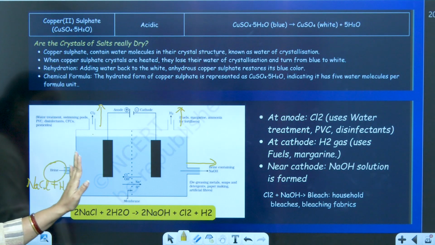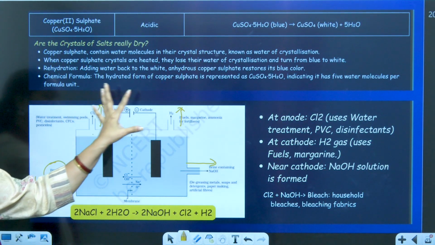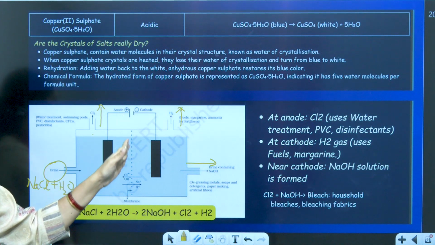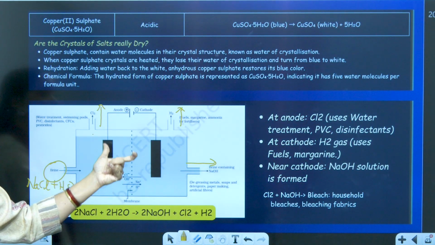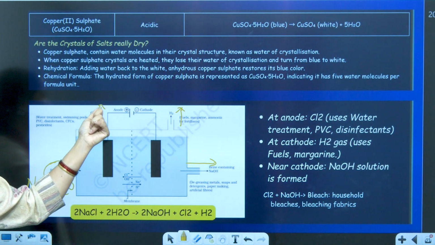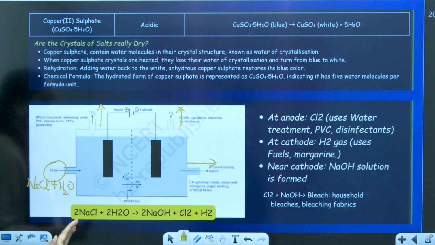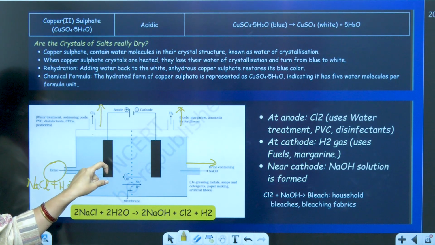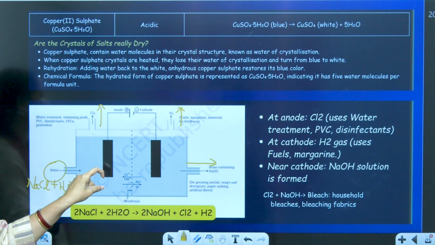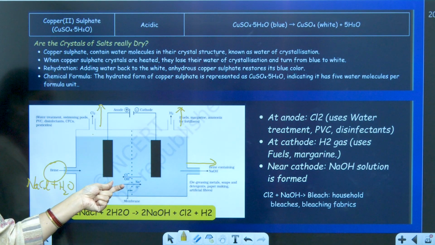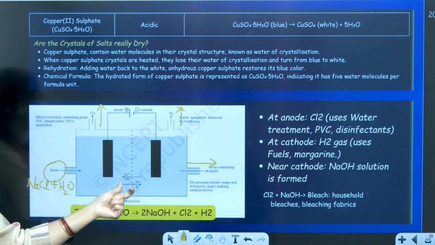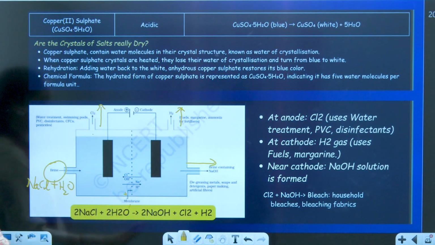When brine is liberated inside the given beaker, there is a small semi-permeable membrane connected to 2 electrodes with the help of a battery to anode and cathode. The major thing happening here is the positive anode is collecting the negative ions, that is Cl minus and OH minus, and the cathode is connecting the positive ions, that is Na plus and H plus ions.